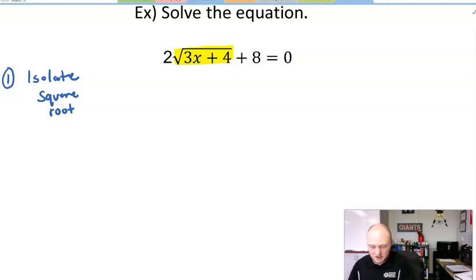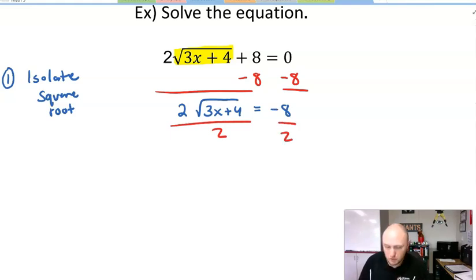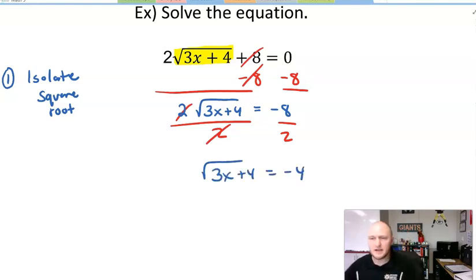So step 1 is undo addition and subtraction. I can subtract 8 on both sides, giving us 2 square root of 3x plus 4 is equal to -8. And then we'll get rid of that 2 by dividing by 2 on each side, so those cancel, and we get square root of 3x plus 4 is equal to -4.